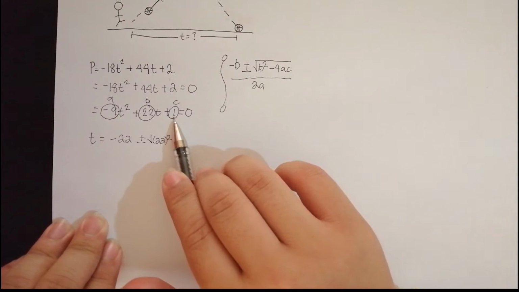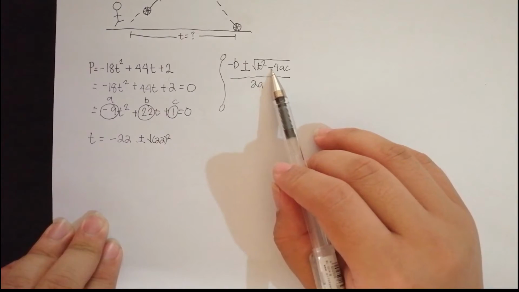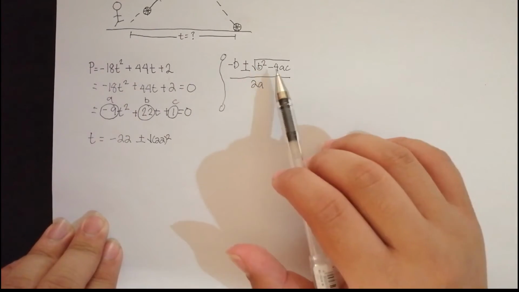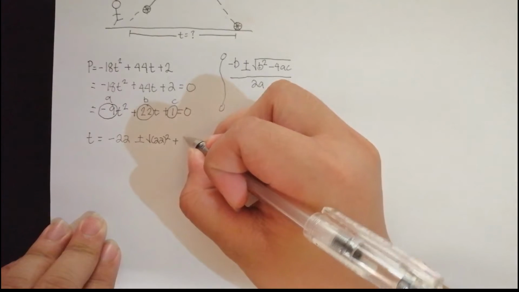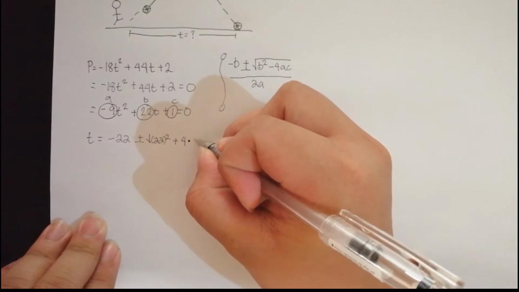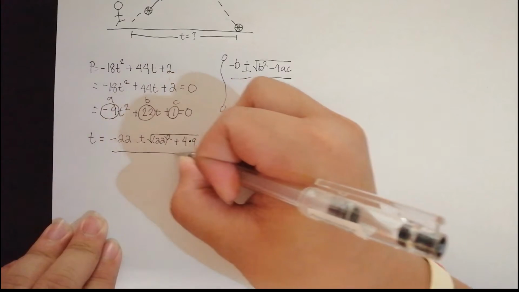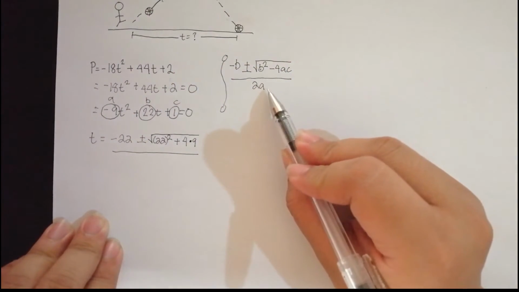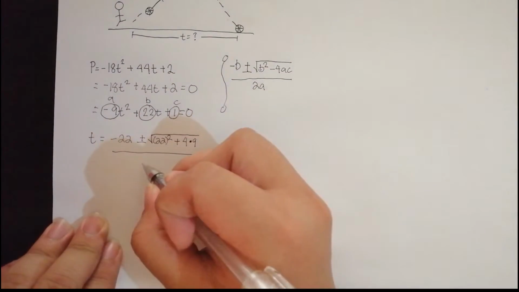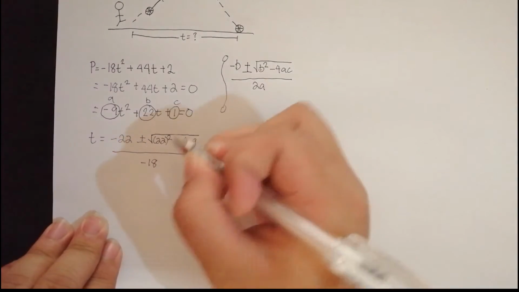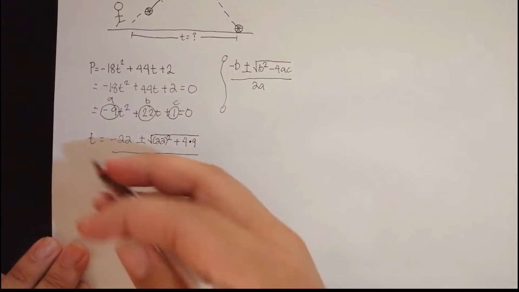Now since it's negative, this minus sign will have to become positive, because negative times negative is equal to positive. So plus 4 times 9, square root, all over 2a. So 2 times negative 9 will be equal to negative 18. Now we have that. Now we can simplify it even more.